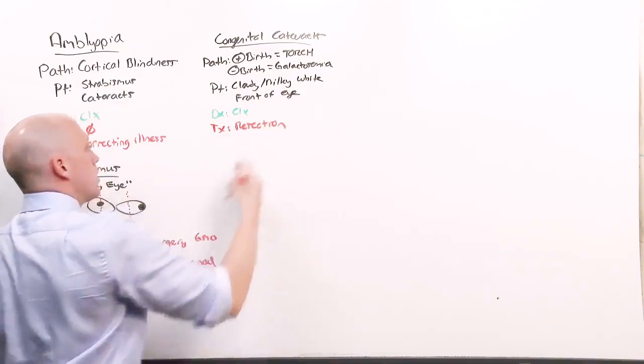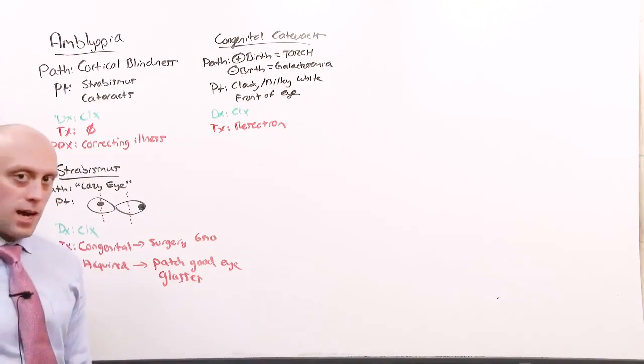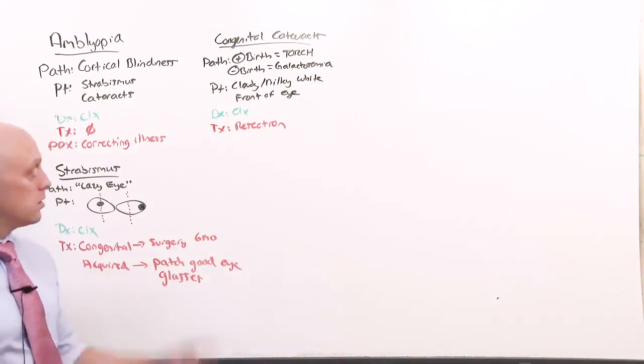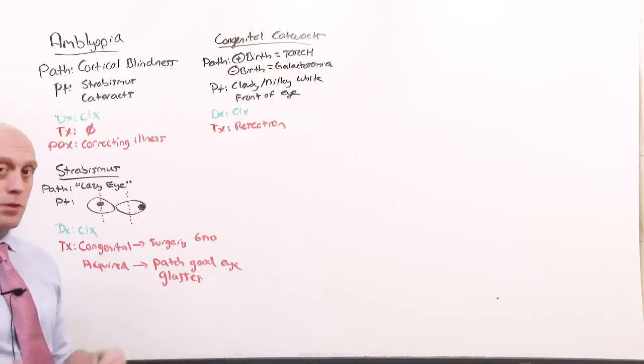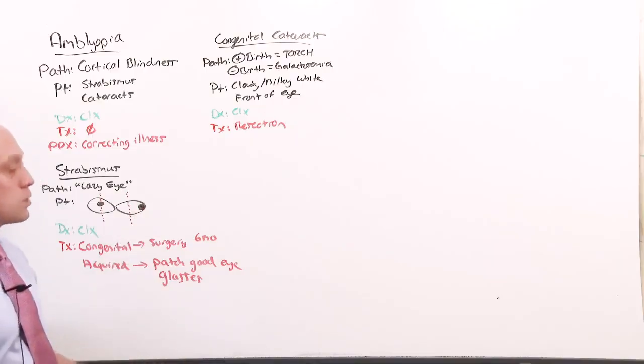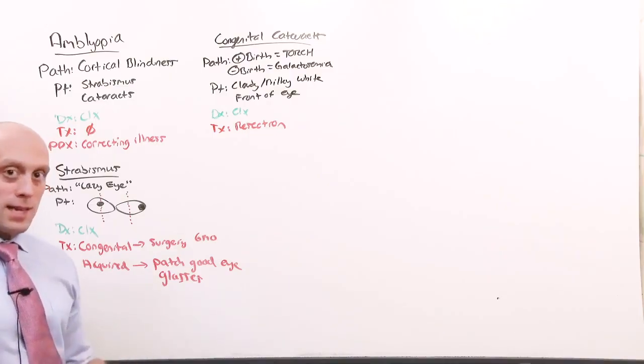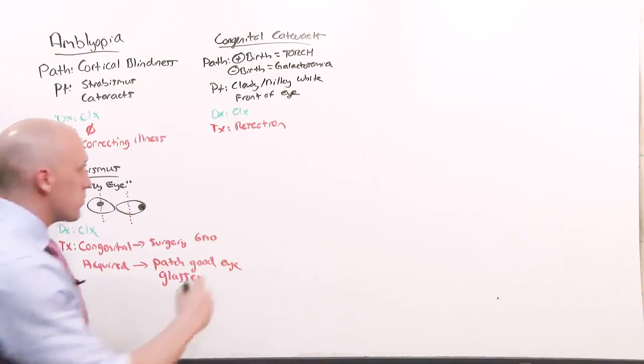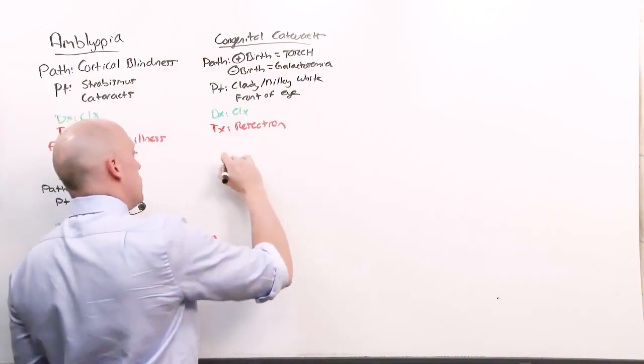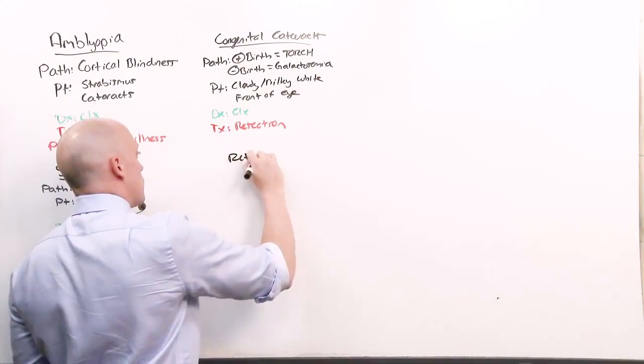But when you think of white thing in the eye, there's more than just cataracts. Cataracts can be the milky thing in the front, but if you see in the newborn nursery a deep white thing in the back of the eye, now you're talking about retinoblastoma.